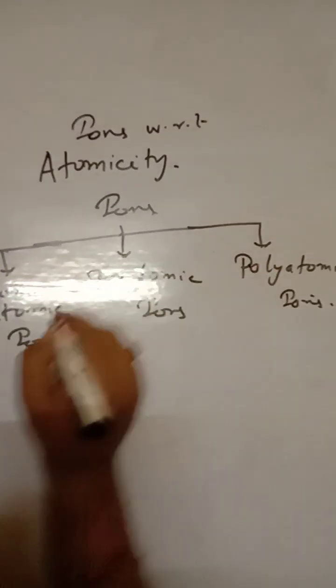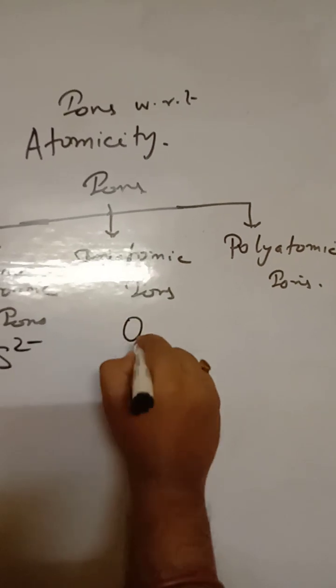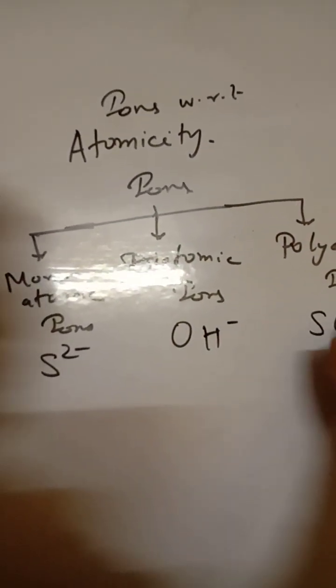Polyatomic ions. Take an example: S2-, OH-, this is SO4 2-.